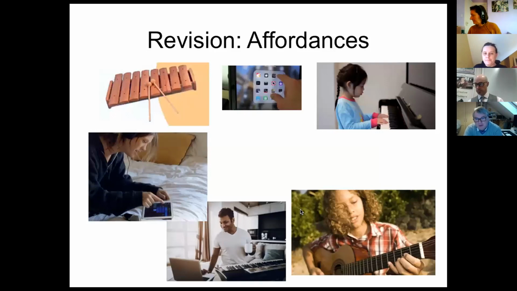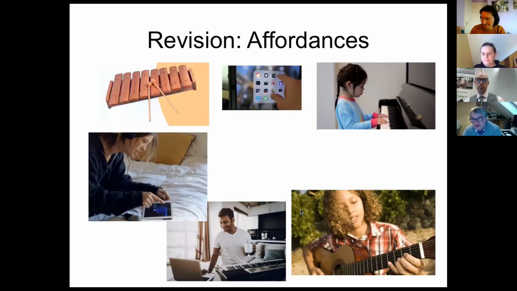One of the key words that I think is really important is the notion of affordances. What does something allow you to do? And what does it not allow you to do? What does it afford you the opportunity of doing? So what can you do with a xylophone?